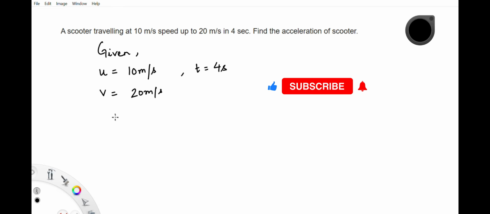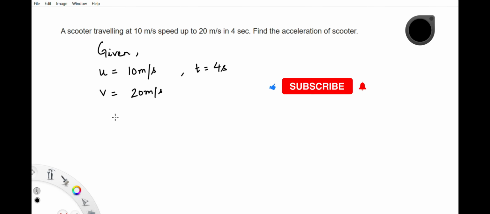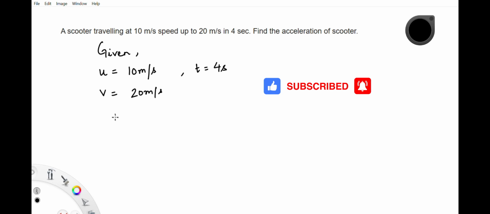At the start of the race they are very slow, and then suddenly they buckle up, they increase their speed, they increase their velocity, and that is a state where they acquire some kind of acceleration. They undergo a rate of change in their velocity, and that is the reason why they do not run at the same speed throughout the journey. They undergo some kind of acceleration.